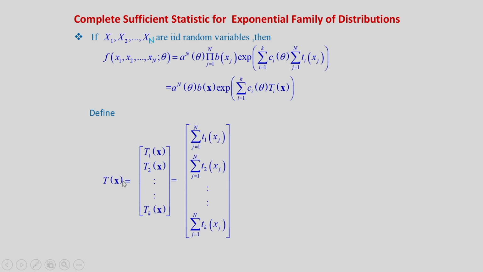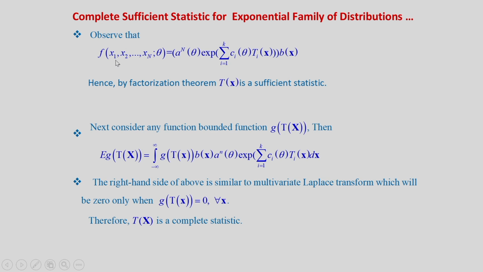Now, my complete statistic will be T(x) equal to T1(x), T2(x) up to Tk(x), where T1(x) will be the first summation, j equal to 1 to n of T1(xj), and similarly T2(x) will be the summation of T2(xj), j going from 1 to n. So, in that way we can find k statistics from this, and they can be written in vector form T of x vector.